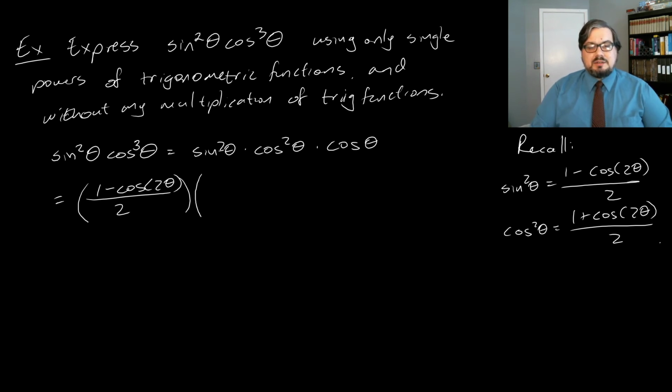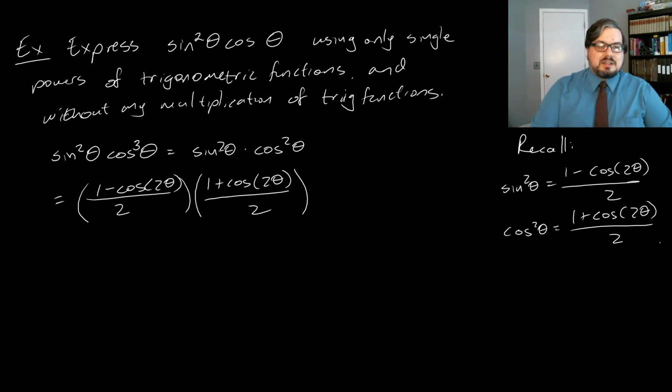Now cosine squared theta becomes 1 plus cosine 2 theta over 2. And I see I did in fact make a little typo here, so I really wanted sine squared cosine squared. Sorry about that.